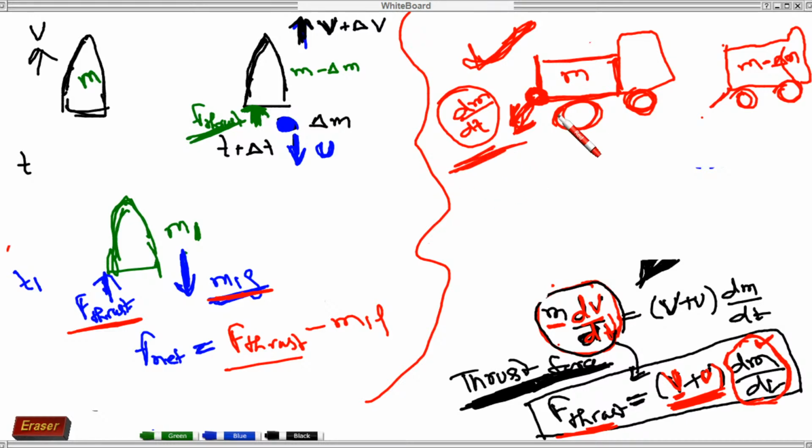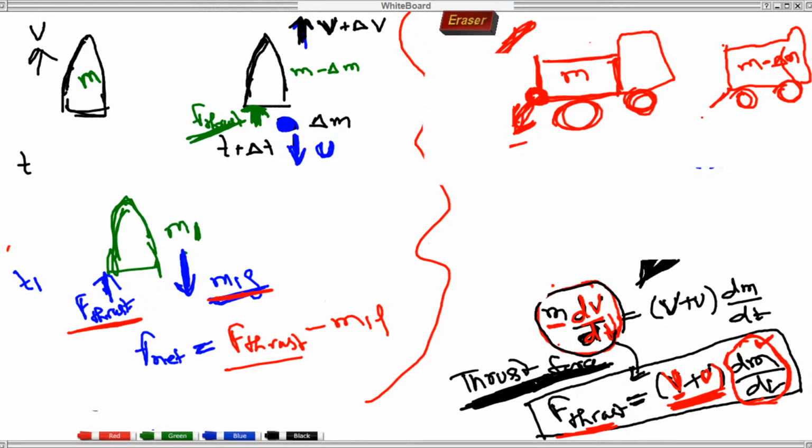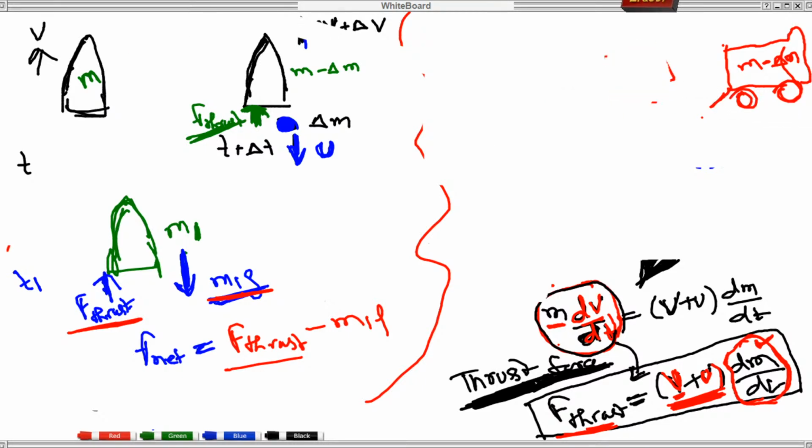Now there is a term which is called the exhaust velocity of an emerging gas.